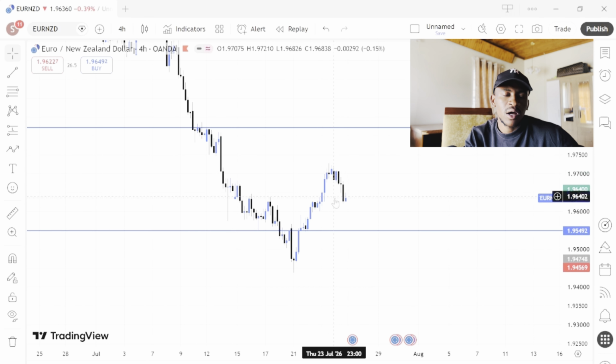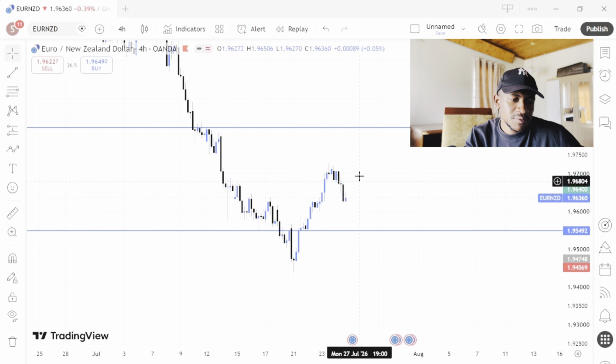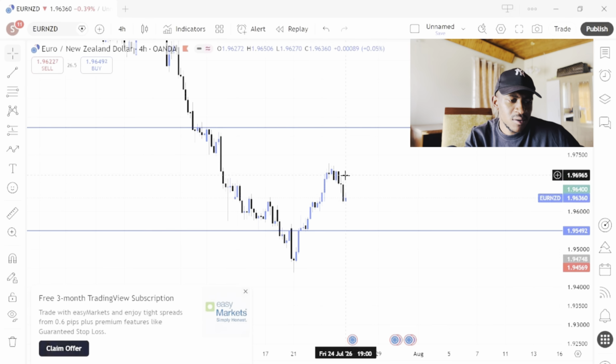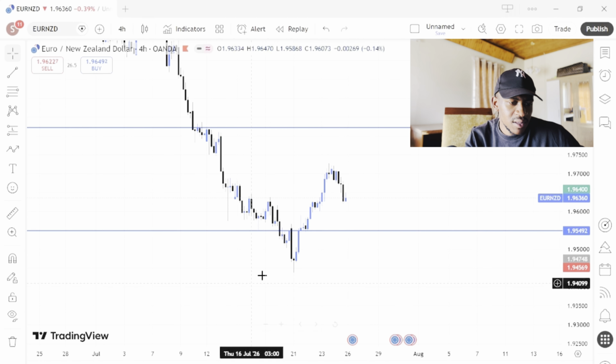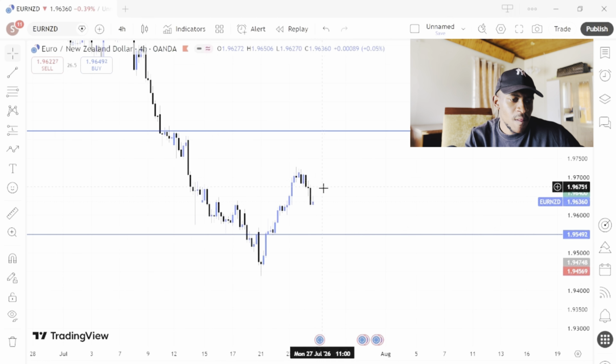I don't enter trades while price is at the middle of the range. If this is a buy setup, I wanna buy at the discount, right? I think that's the right word for it.